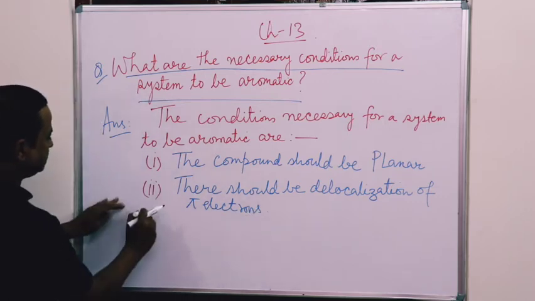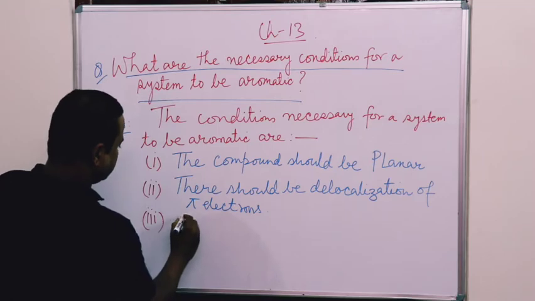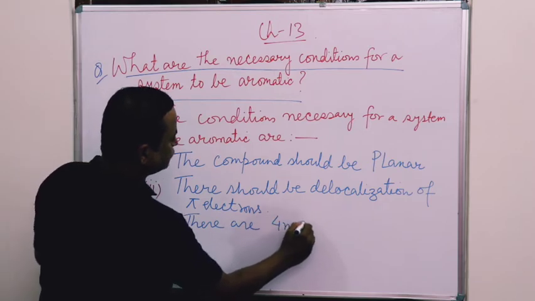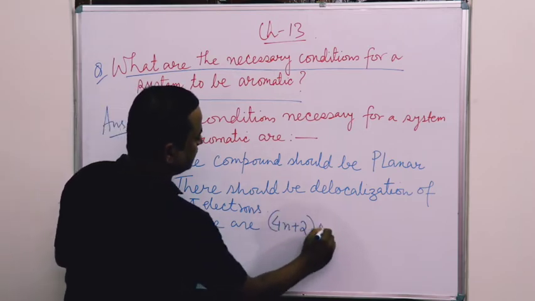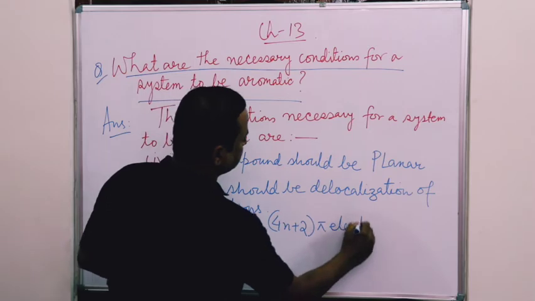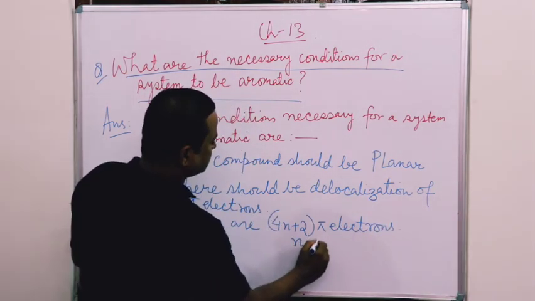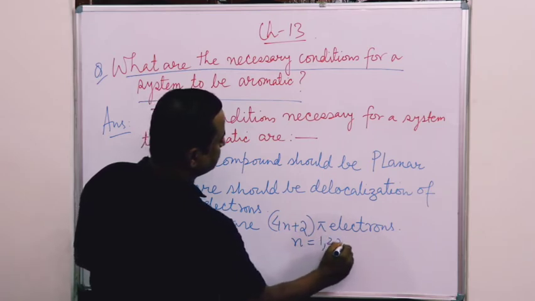and number 3, there should be 4n plus 2 pi electrons, and this n is what? N is equal to some integer.